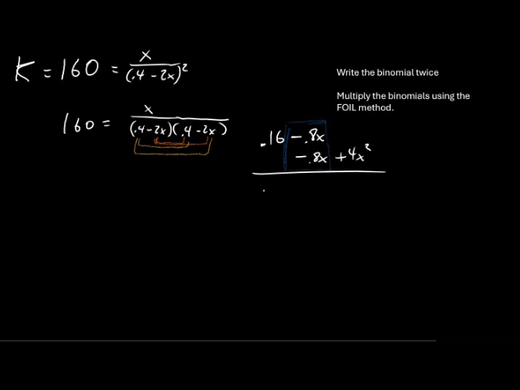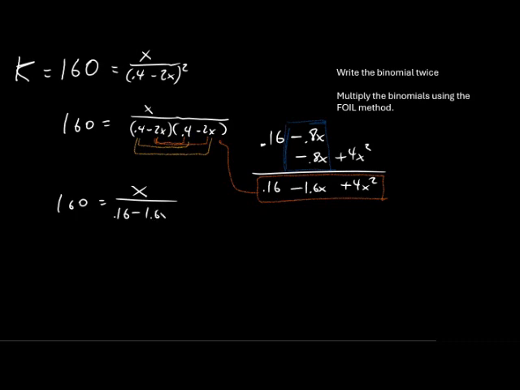And when we are finished, we'll get 0.16 minus 1.6x plus 4x squared. Then we will rewrite those binomials as this new trinomial. We'll have 160 equals x over 0.16 minus 1.6x plus 4x squared.